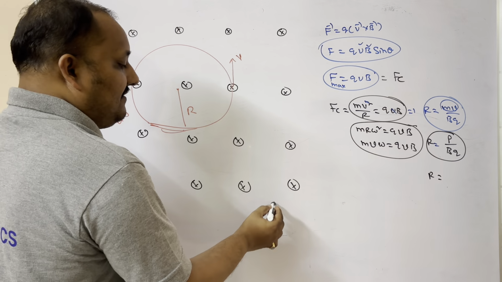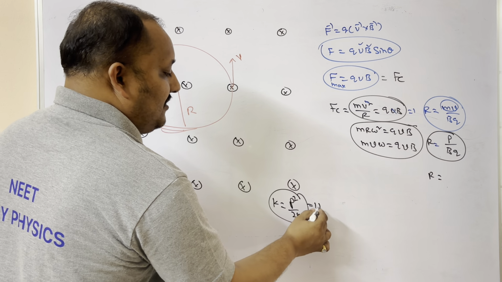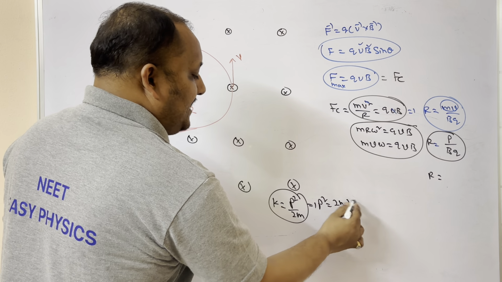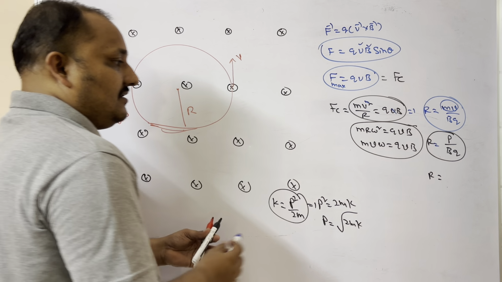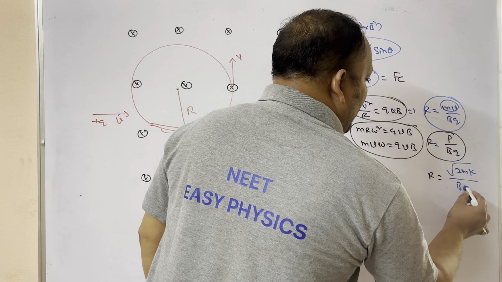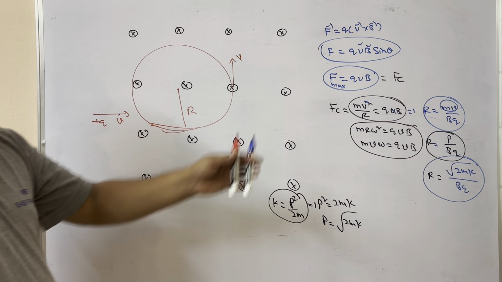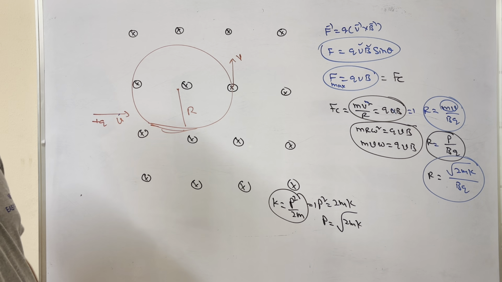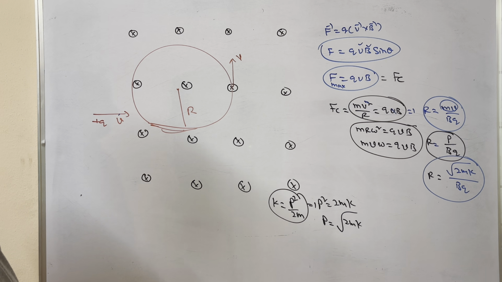Kinetic energy equal to P square by 2m. Then P square is 2m kinetic energy. What is P? Root 2m kinetic energy. Therefore, root 2m kinetic energy by Bq. So see how many equations we are getting from this equation. This is the radius of the path followed, in terms of momentum, kinetic energy, and velocity.